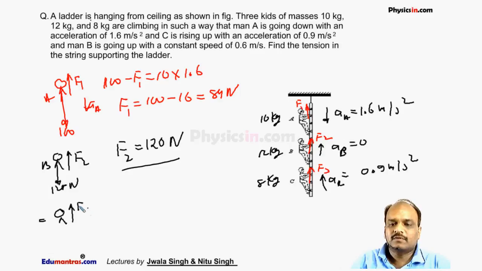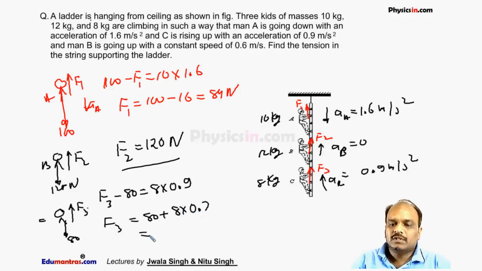So let this be F3, and the weight here is 80. So we can say F3 minus 80 is equal to 8 into 0.9. So F3 comes out to be 80 plus 8 into 0.9, so it is equal to 87.2 Newton.